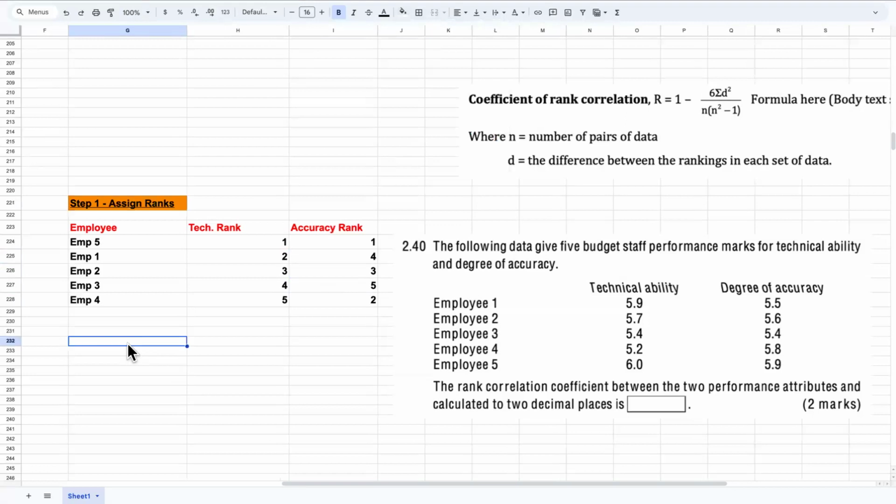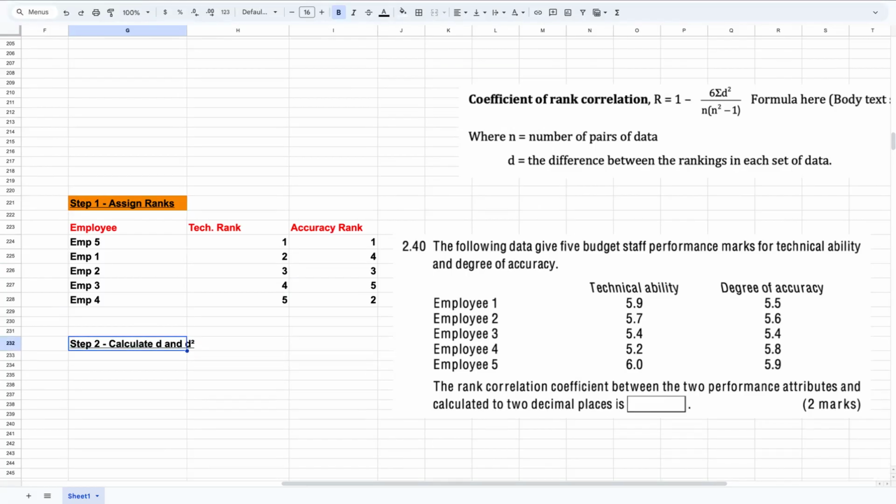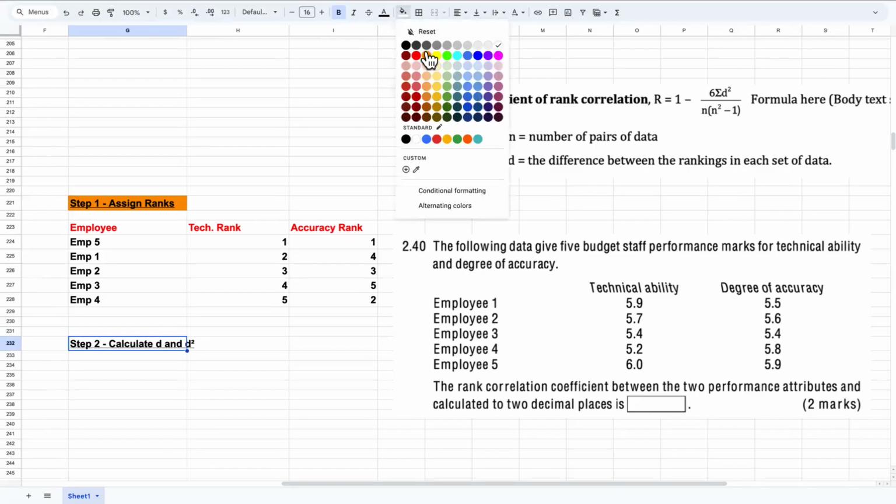Once you did step number 1, step 2 is, guys, you have to calculate D and these D squared values.